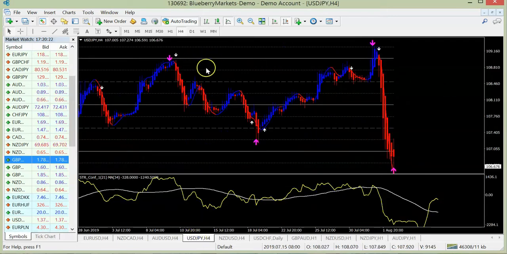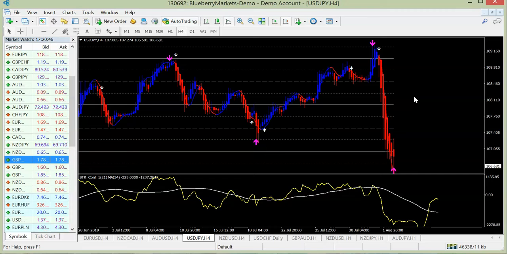You see this one, when the price comes until this ticker line, you can expect a reversal or swing like here, like here, like here. This is another tool which can help you to make a decision.